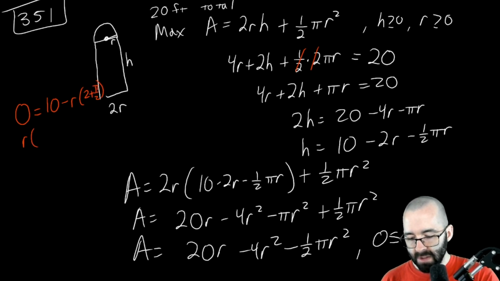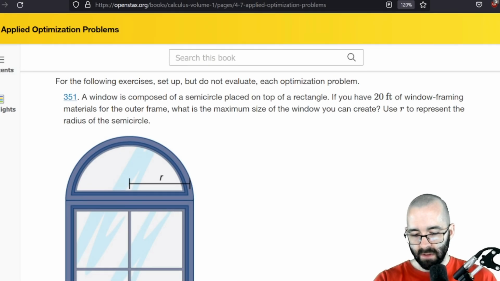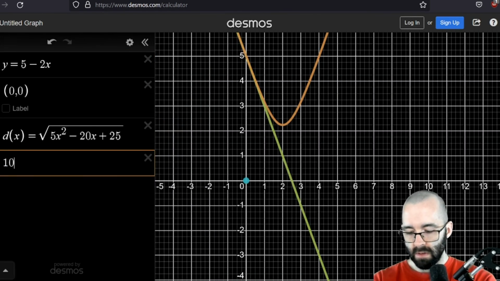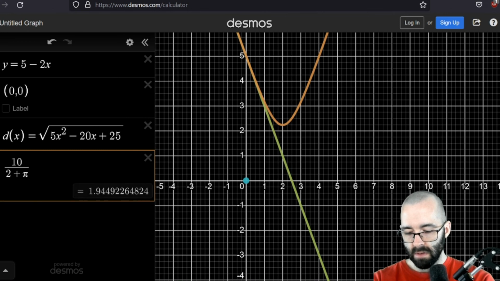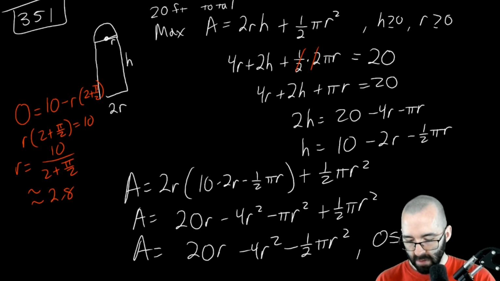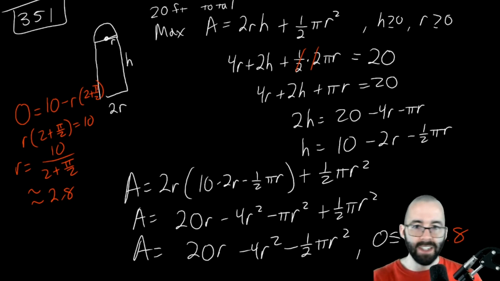So r times (2 plus pi over 2) equals 10. r is 10 over (2 plus pi over 2), which is about 2.8. If the radius is 2.8 feet, that's basically the whole window.